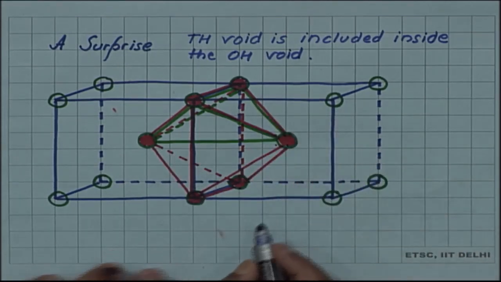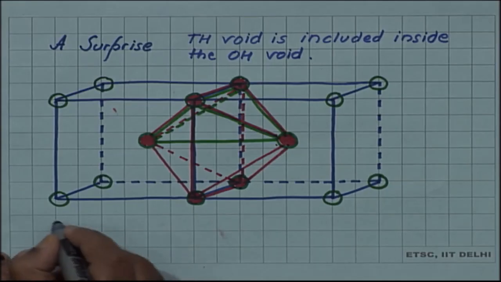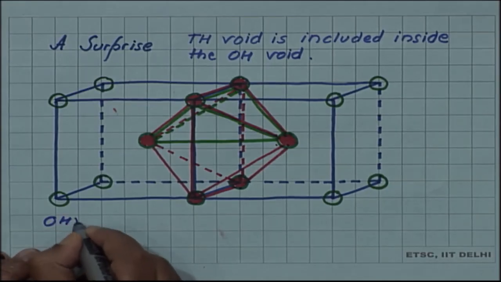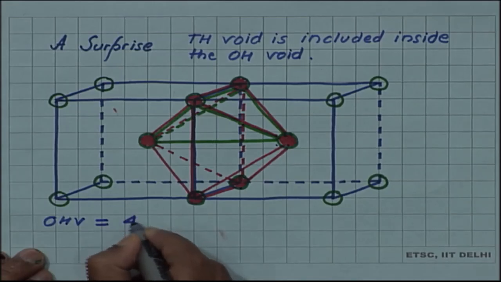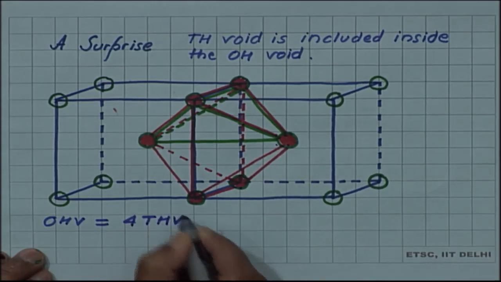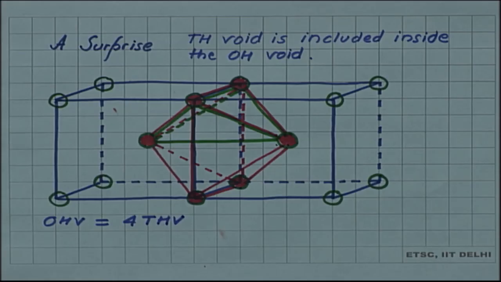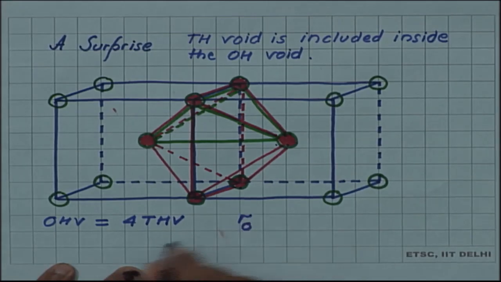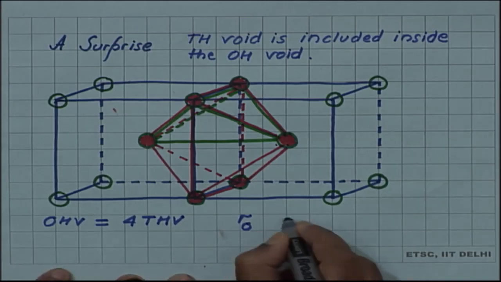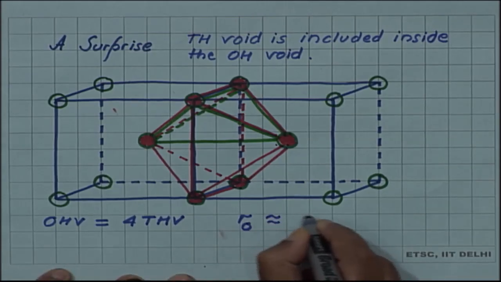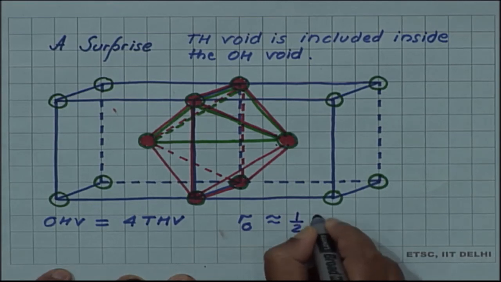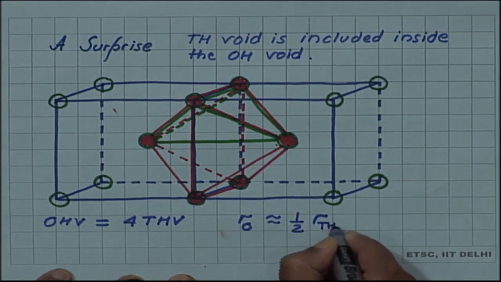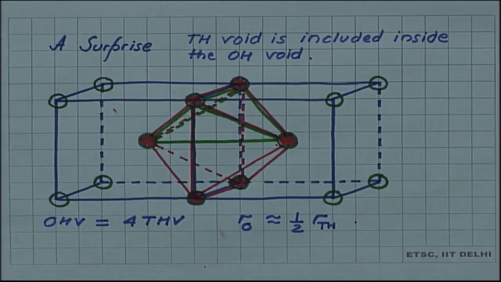So, the octahedral void actually has 4 such tetrahedral voids. So, the volume of the octahedral void is 4 times the volume of the tetrahedral void. Still we found that the radius which the octahedral void can accommodate is only half of the radius which the tetrahedral void can accommodate.